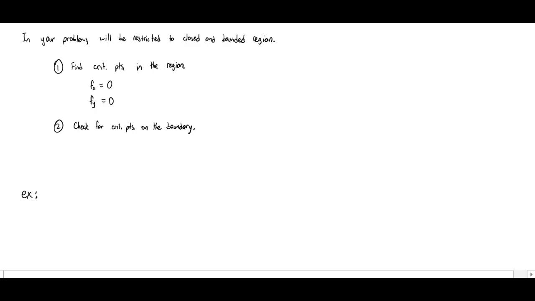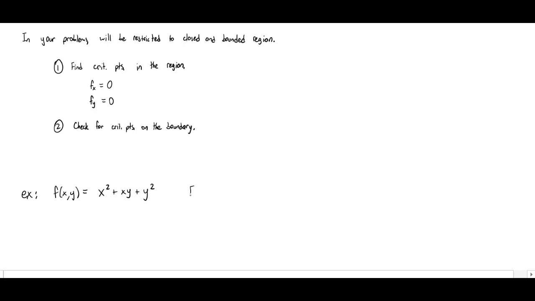So here's the first example that I'm going to do. All right, so let's consider the function f of x y, which is going to be x squared plus x y plus y squared.